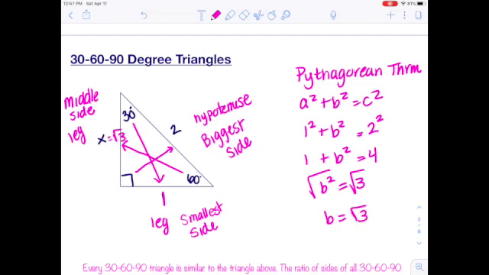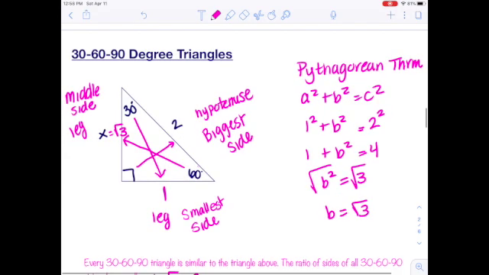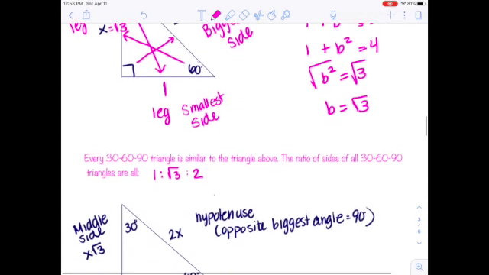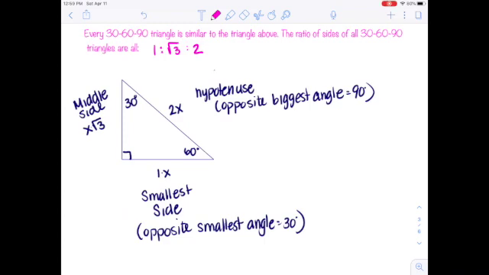So this gives us our ratio for every 30-60-90 degree triangle, because every other 30-60-90 degree triangle is similar to this triangle right here. So you've got the ratios of 1, square root of 3, to 2. Every 30-60-90 degree triangle has the ratio of 1 to root 3 to 2.